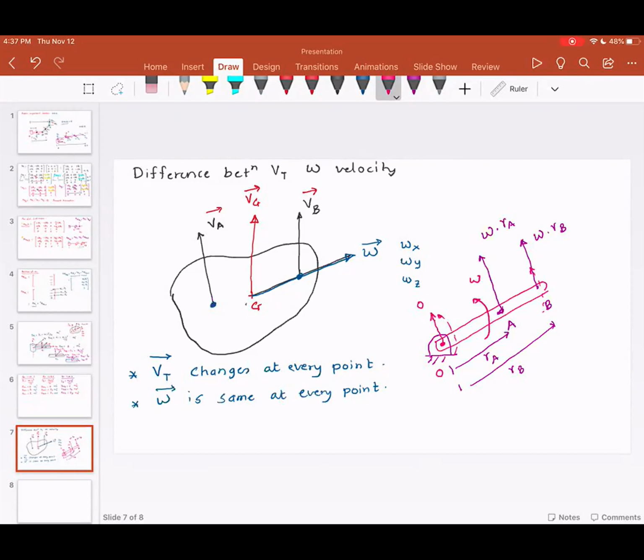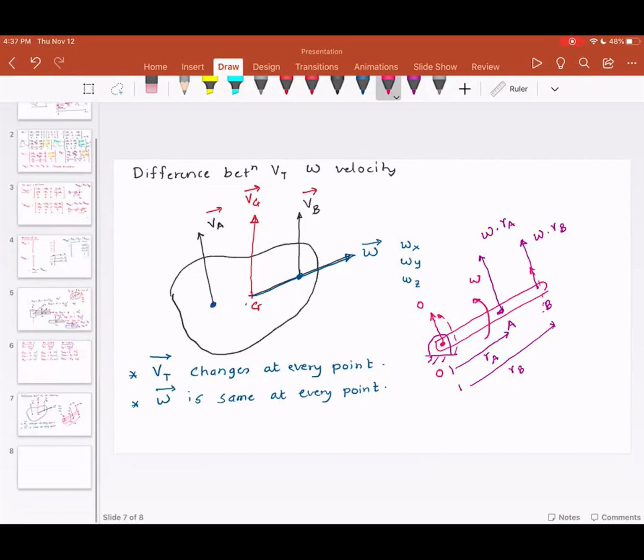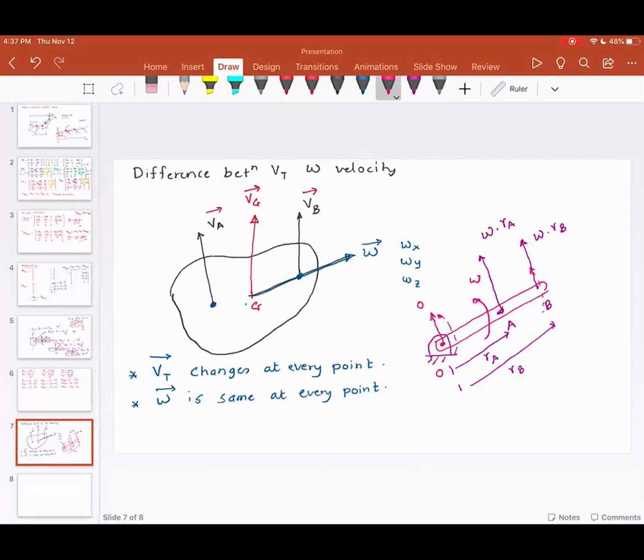But please understand, the rotational velocity at point O, at point A, and at point B will be omega. Now, the question that arises when we try to solve the dynamics problem, especially a three-dimensional dynamics problem, is how do we find out the coordinate system?